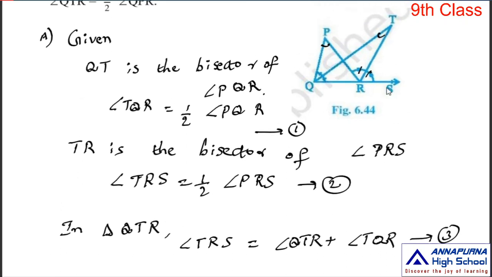See the figure. PQR is a triangle and PRS is an exterior angle. Again, by using the exterior angle property, one exterior angle is equal to the sum of the two opposite interior angles.